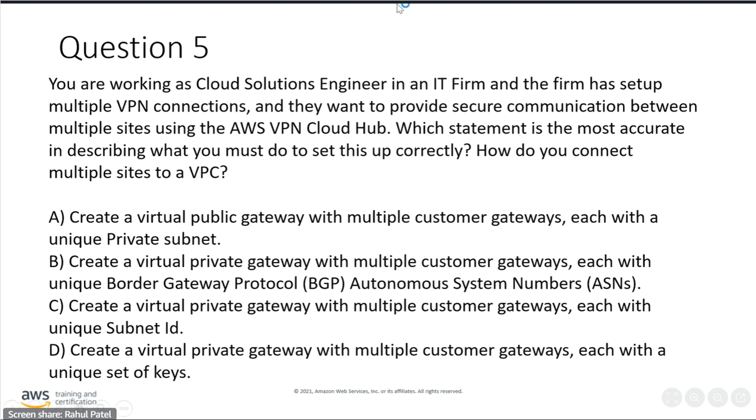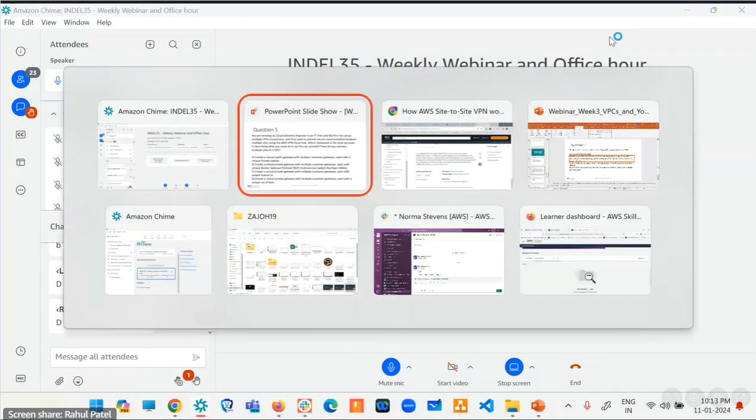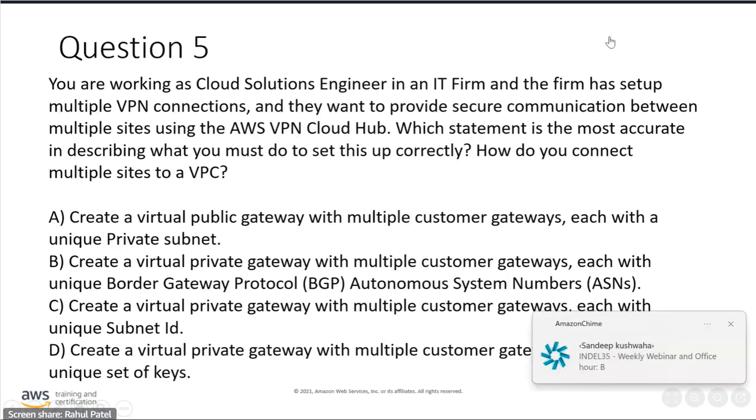So what is the answer? D, B. Okay. So here we have a scenario where we have to provide secure communication between multiple sites using the AWS VPN CloudHub.